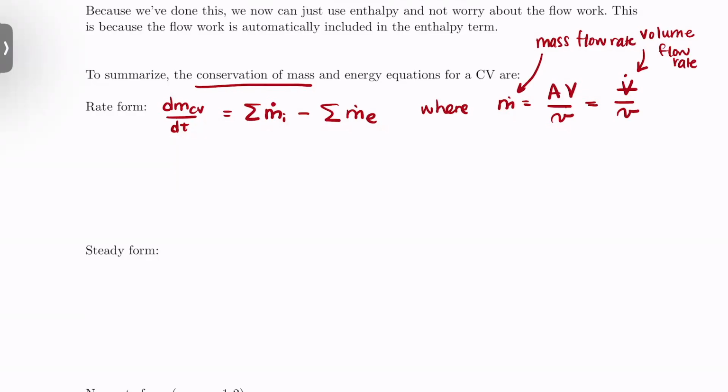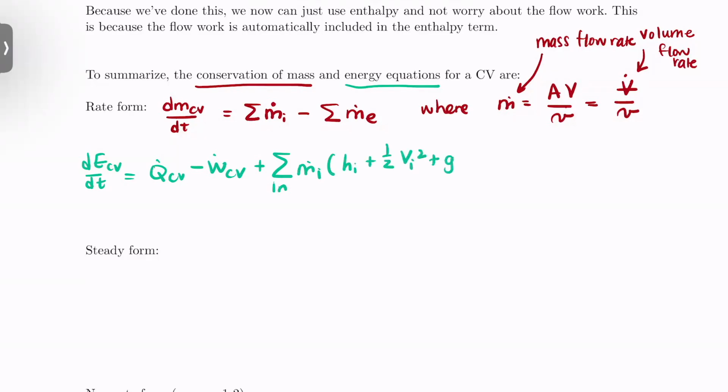And then our energy equation is the following. We have dE dt of our CV is equal to Q dot CV minus W dot CV plus our sum of our inlets, M dot I times HI plus 1/2 VI squared plus GZI, minus the sum at the exits, M dot E times the enthalpy at E plus the kinetic energy at E plus the potential energy at the exit.